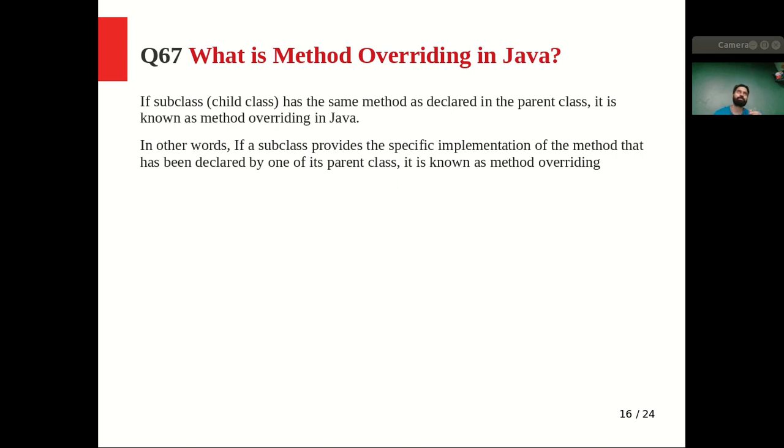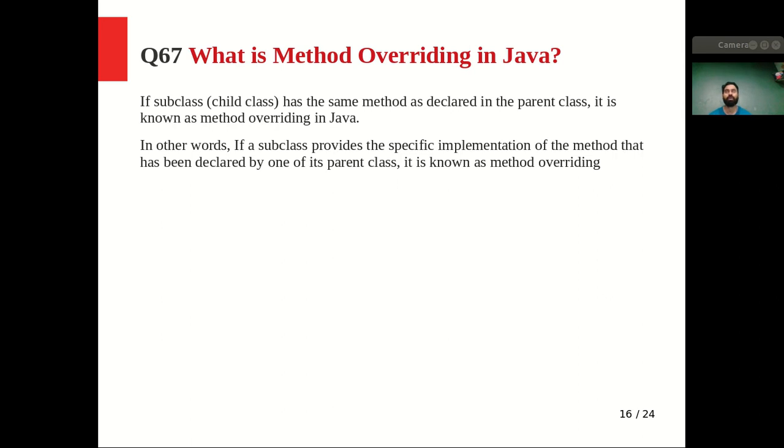Let's say we have some method in a parent class, and in the subclass or child class we have defined the same method name, then that scenario or process is known as method overriding. In other words, if a subclass provides a specific implementation of a method that has already been declared in one of the parent classes, then this is called method overriding.